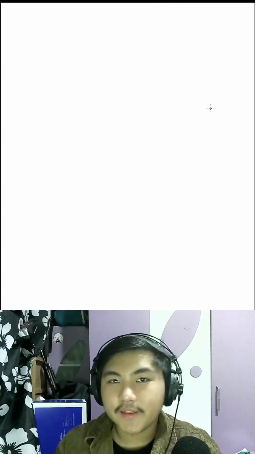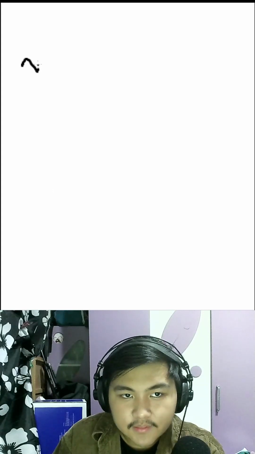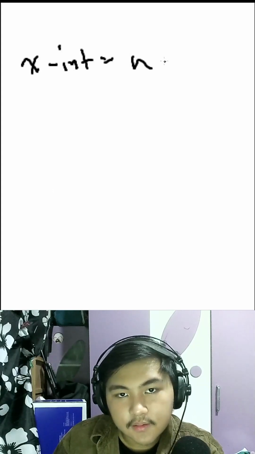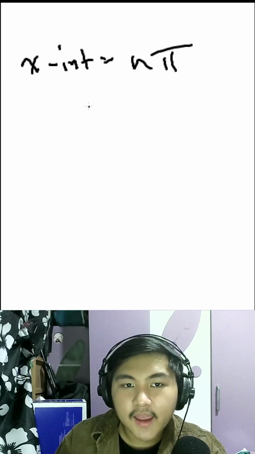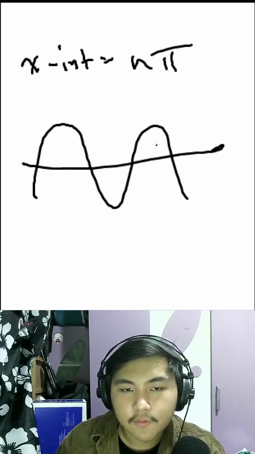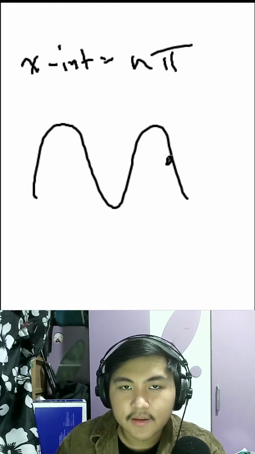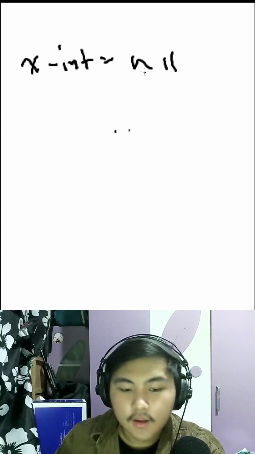Now let's talk about the x-intercepts and the y-intercepts of the sine function. The x-intercept is simple. The x-intercepts are basically n times pi. Why is it n times pi? Because every time the graph passes through the x-axis, it's always a multiple of pi, assuming the frequency is equal to 1.